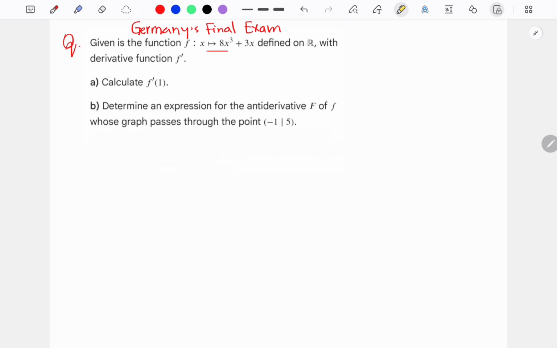Okay, so to find the value of derivative at x is equal to 1, we first need to find the general derivative function f prime of x. So here we will be using a power rule.